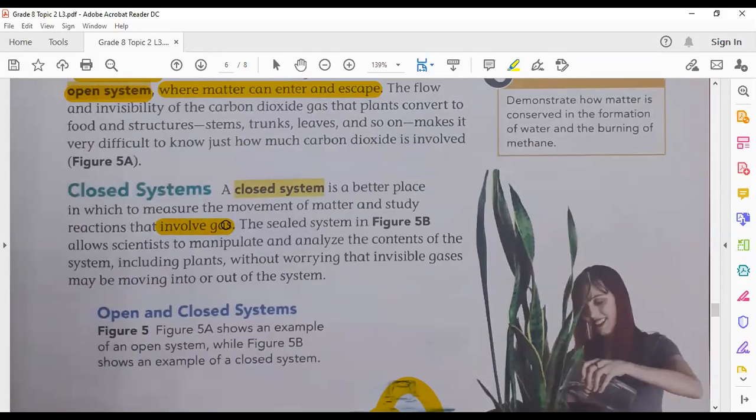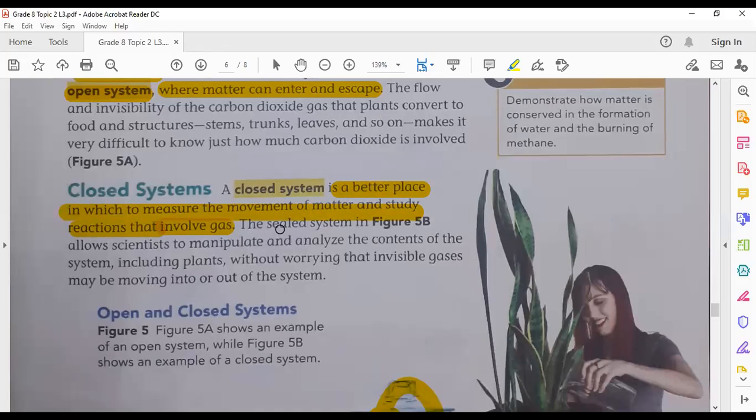And as you know, most chemical reactions involve gases. A closed system is the best place in which to measure the movement of matter and study reactions that involve gas. Scientists always do their reactions in the laboratory because they can make closed systems.